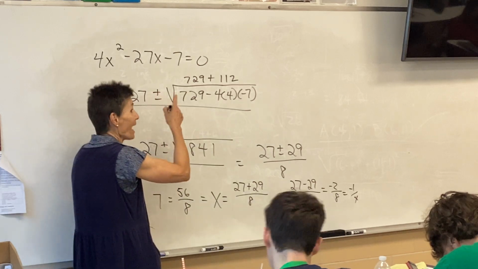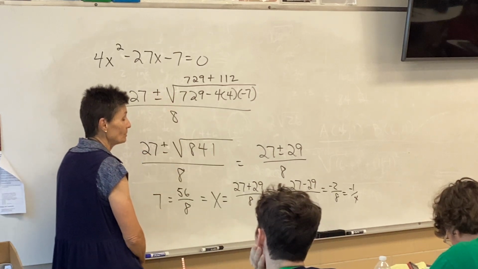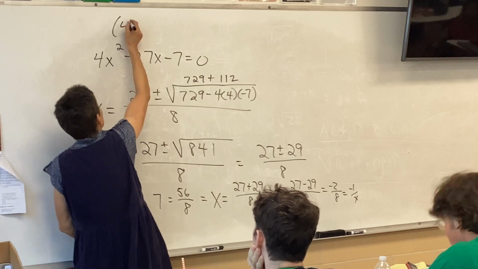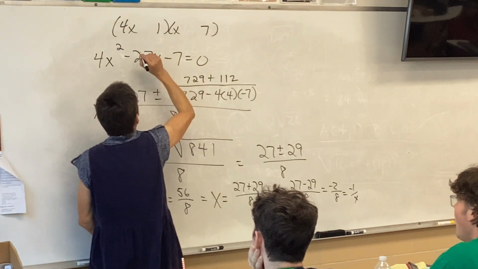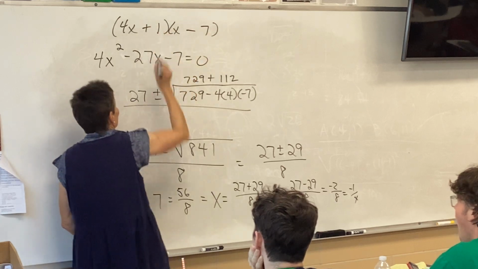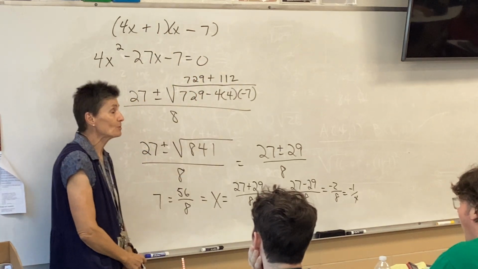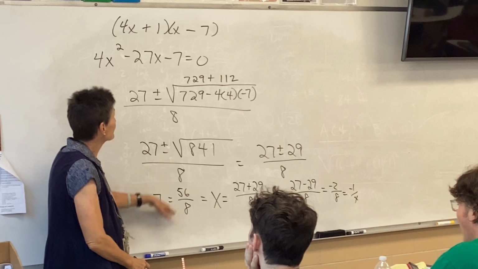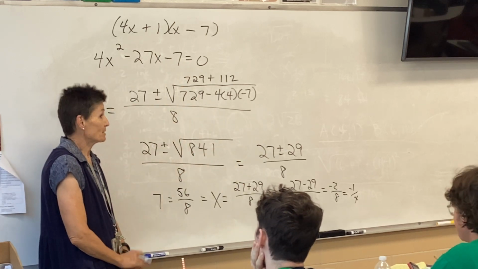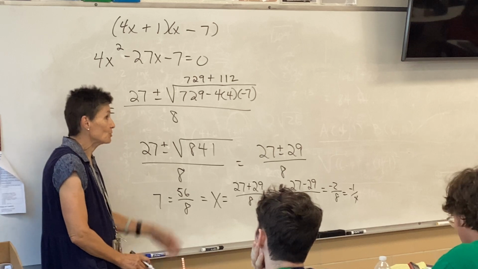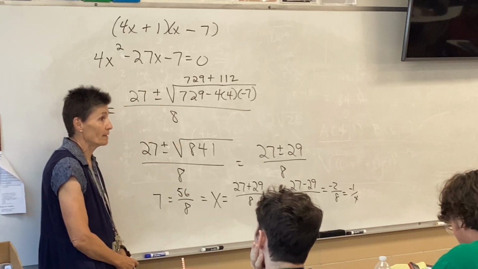This problem actually did factor. And if you factored it, you would get exactly the same answer. See that? But it's okay, if you didn't notice it factored, you always have the quadratic formula.